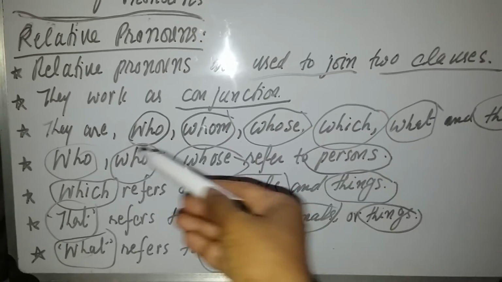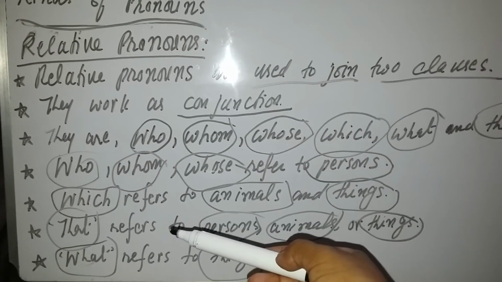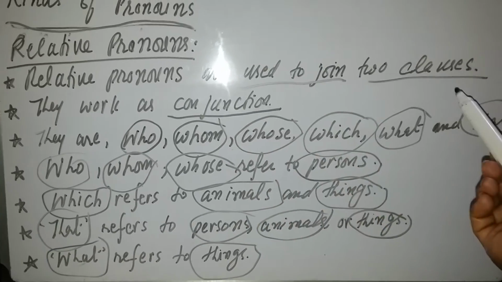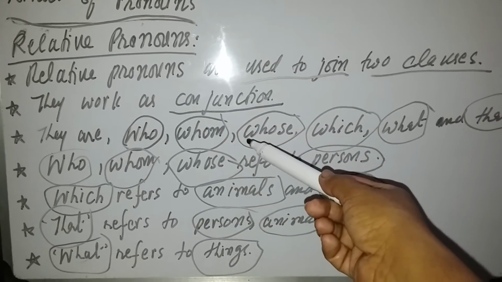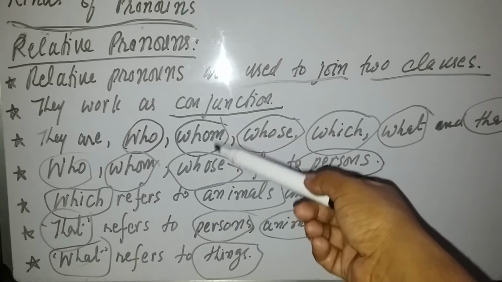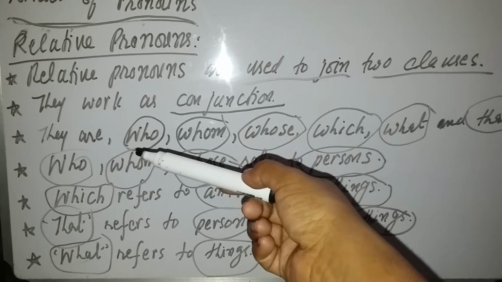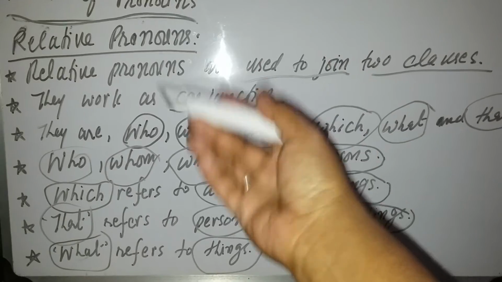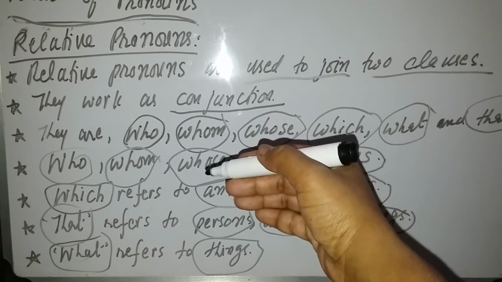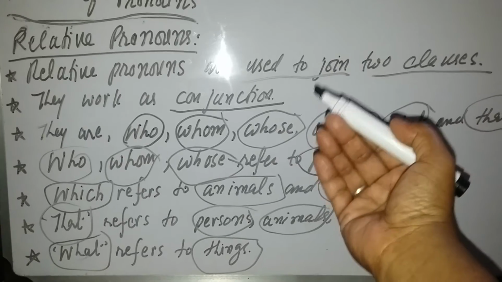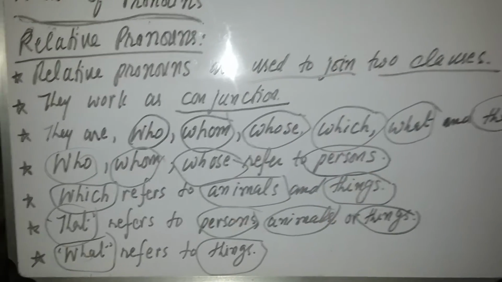So these are all relative pronouns. They are used to join two clauses and they work as a conjunction. They are not used for asking questions. They are the same as interrogative pronouns, but in interrogative pronouns we use them for asking questions, and in relative pronouns we use them to join two clauses. How? Now I'll give you some examples.